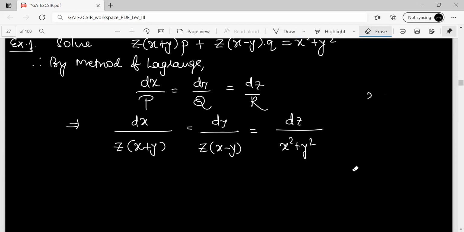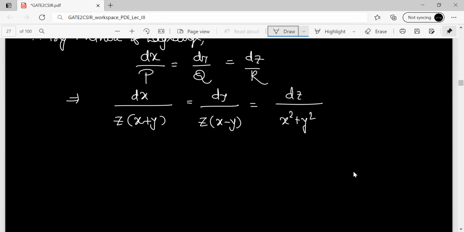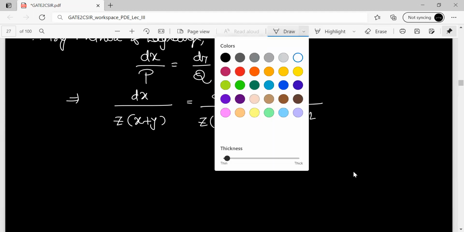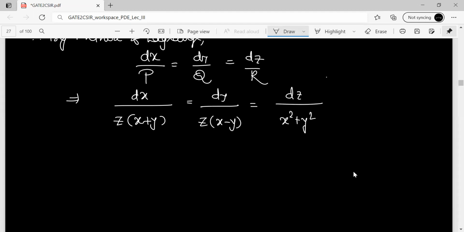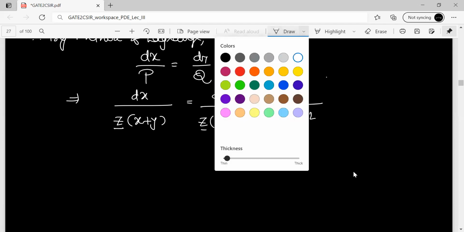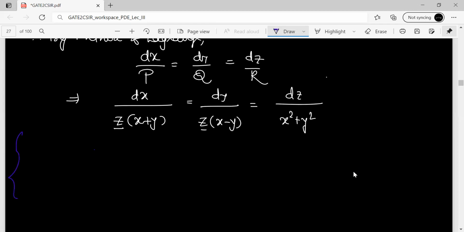One thing can be noted here. Suppose I remove this, and we have z(x plus y) and z(x minus y). For explanation, I'll write in blue.